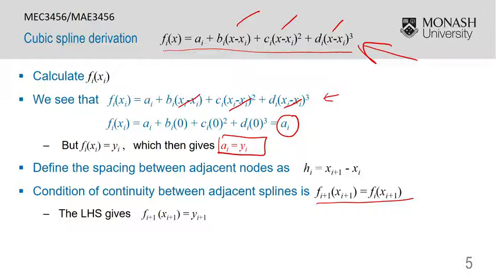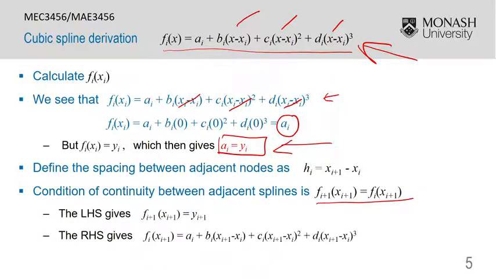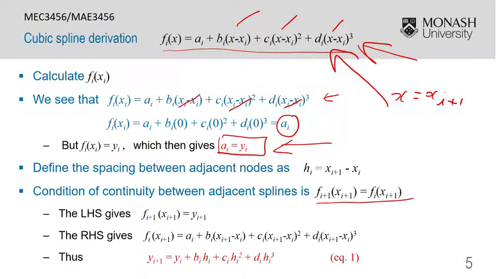So the left-hand side, directly from this expression up here, gives us that fi plus 1 of xi plus 1 is just equal to yi plus 1. Okay, so we've got the left-hand side of this expression. The right-hand side is just plug x equal to xi plus 1 into the definition of the spline, and we get this expression here where these things can be replaced by hi, just using this definition here.